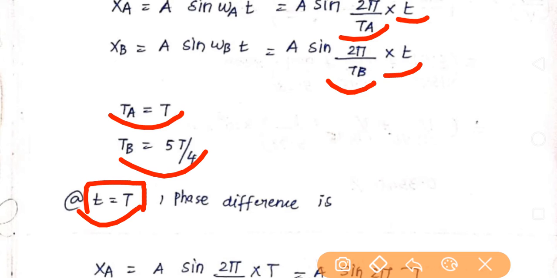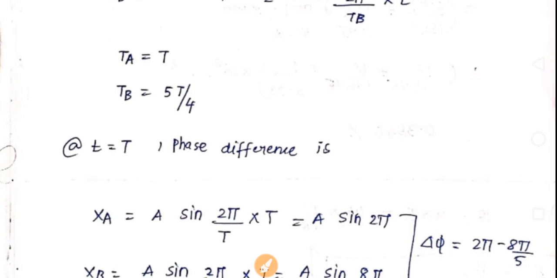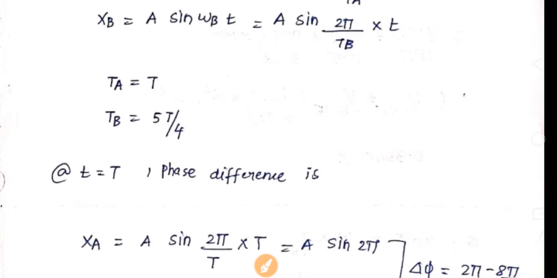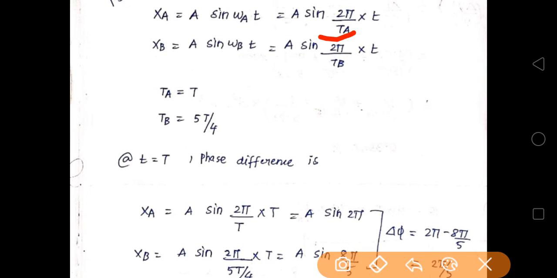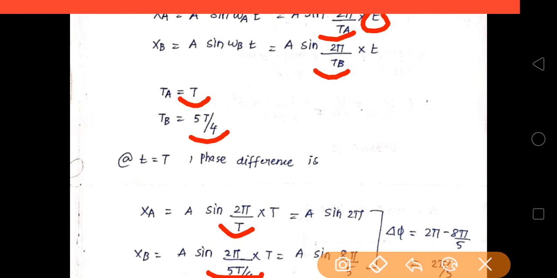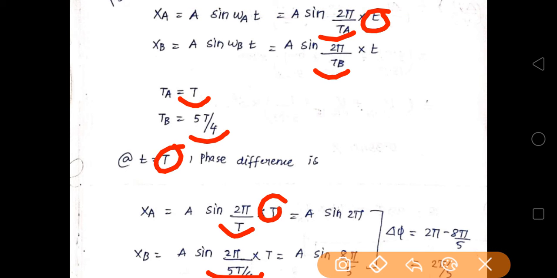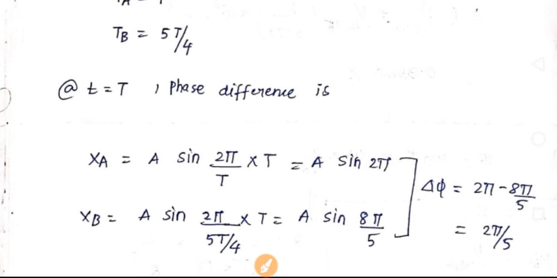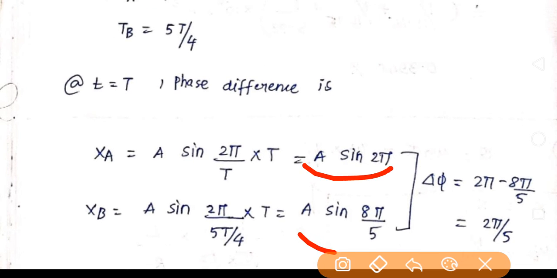The time taken for particle A to complete one oscillation is nothing but capital T. So you apply all this data, TA as T and TB as pi T by 4, and small t as capital T in both these equations, and simplify it. We'll get A sine 2 pi, A sine 8 pi by 5.